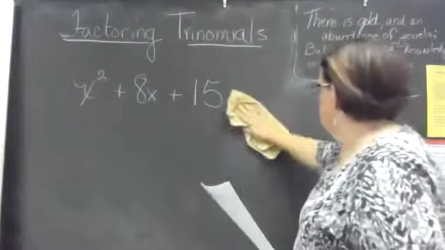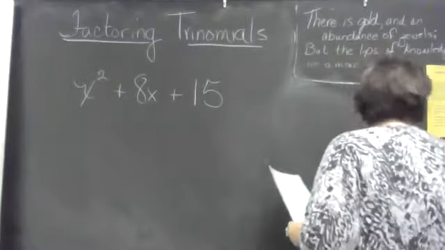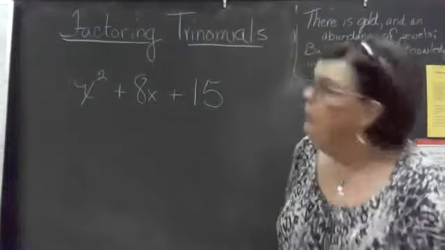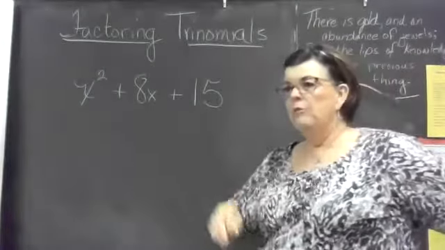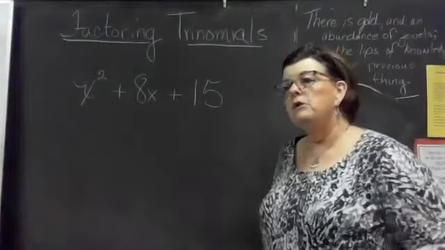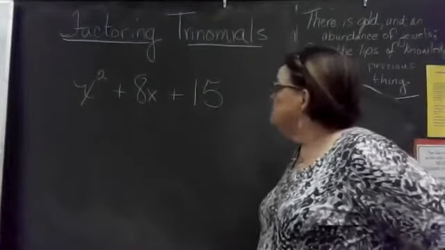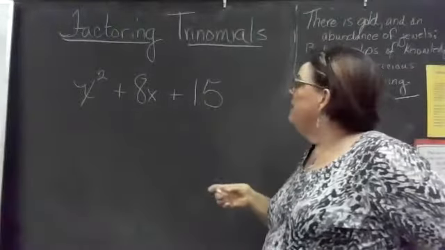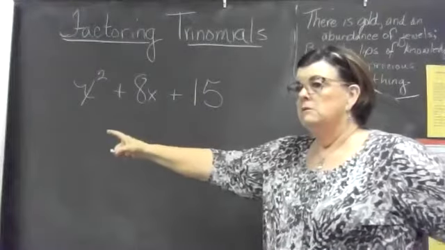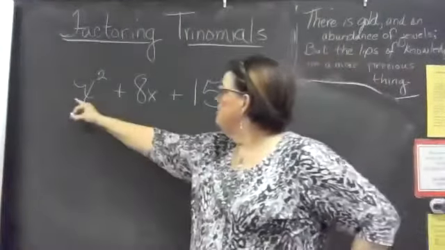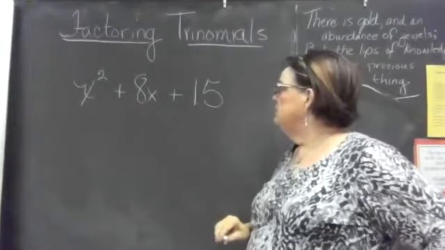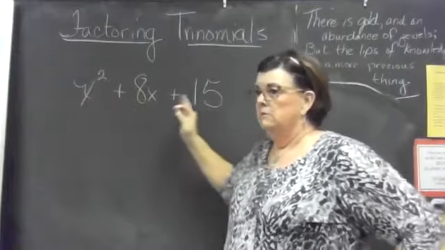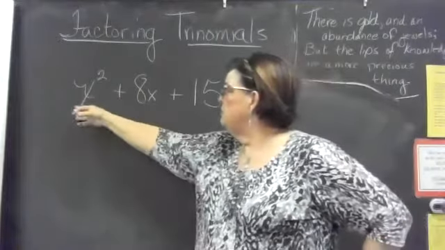Okay, keep that instruction sheet close by, and you're definitely going to want that when we come back after spring break. All right. When we factor this, if you'll look at step number 1 with the asterisk, it says look for greatest common factor. That means either a number or a variable that you can divide out of each piece. Now you notice that this is 1, this is 8 and 15. 8 won't divide into 1. 15 won't divide into 1.